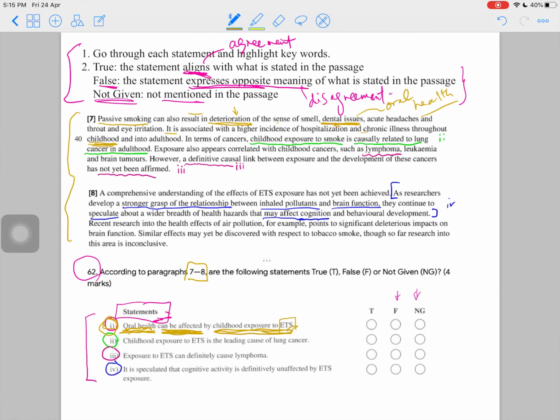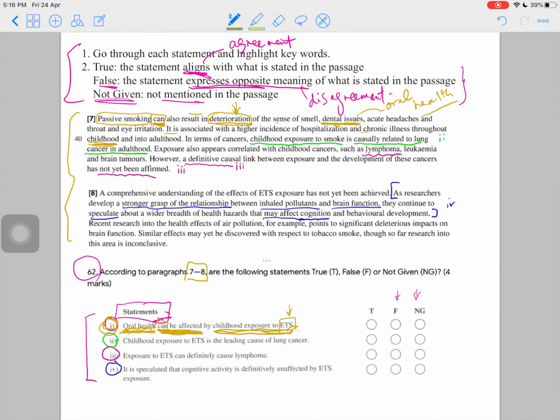If you look up this word again, you will see it is about passive smoking. Okay, so "can be affected" would match with deterioration. Okay, "can", so this is definite. The use of the modal verb here, "can", it matches, okay? So passive smoking can result in deterioration.